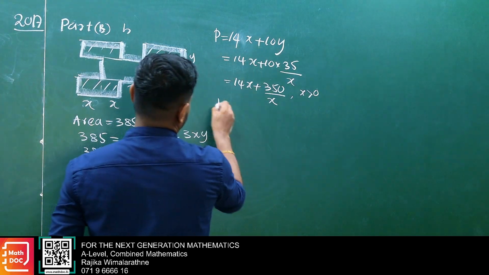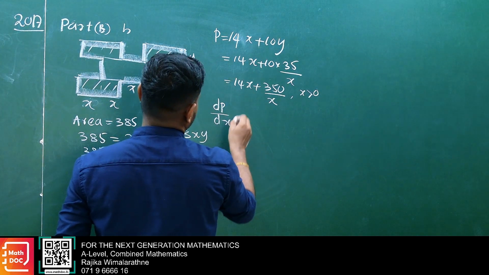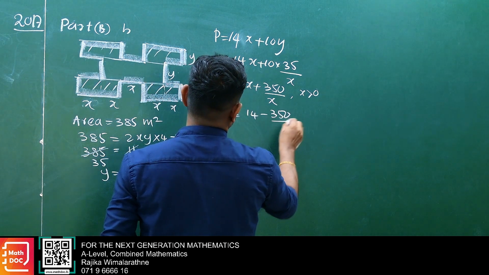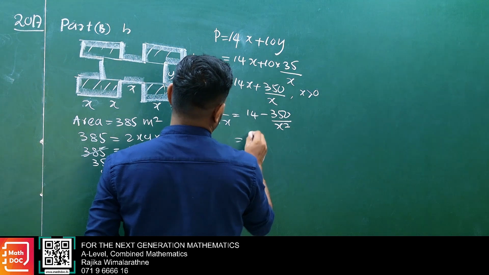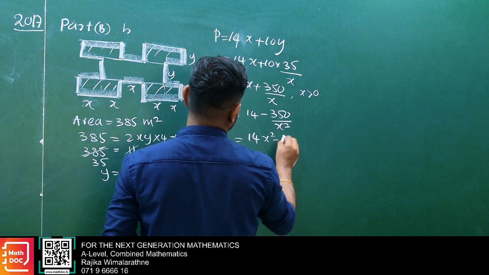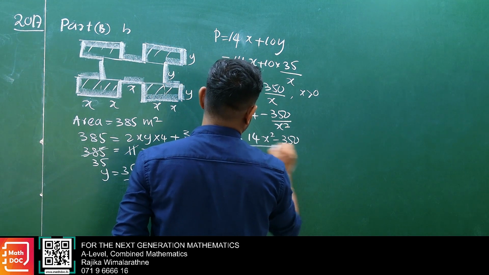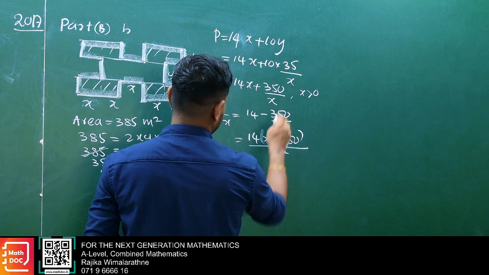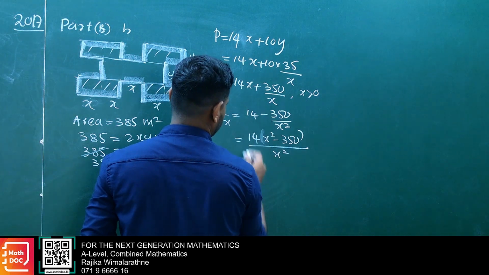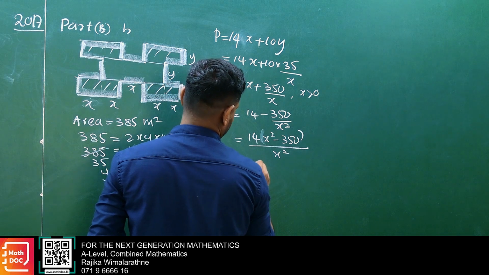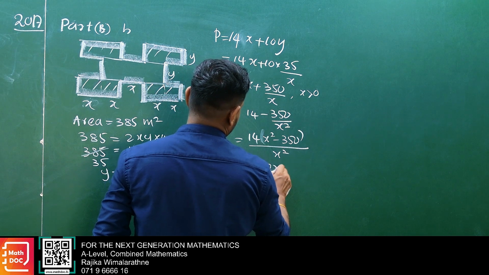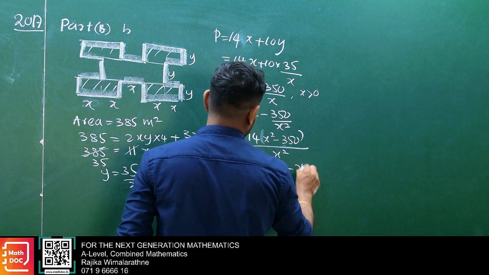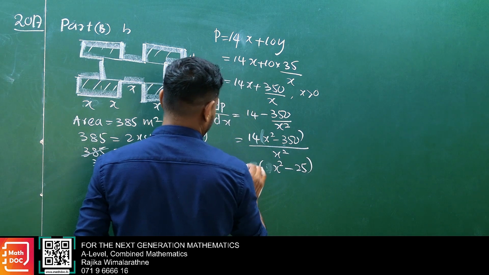Now you differentiate. dP divided by dx is 14 minus 350 over x squared, then 14x squared minus 350 over x squared. Then you take 7 outside, 2x squared minus 50. Take 14 outside.